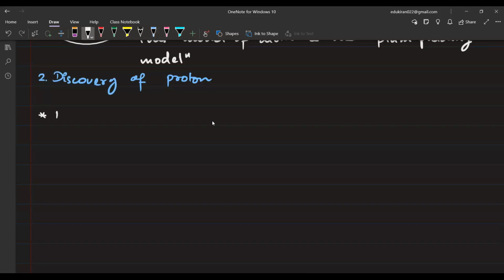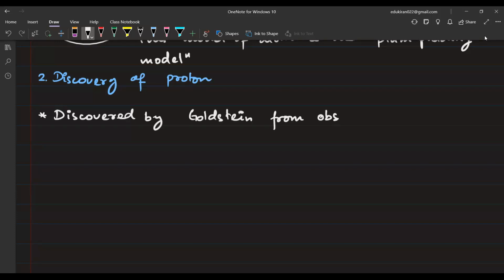Now this was discovered by Goldstein, from observations of the anode ray experiment.